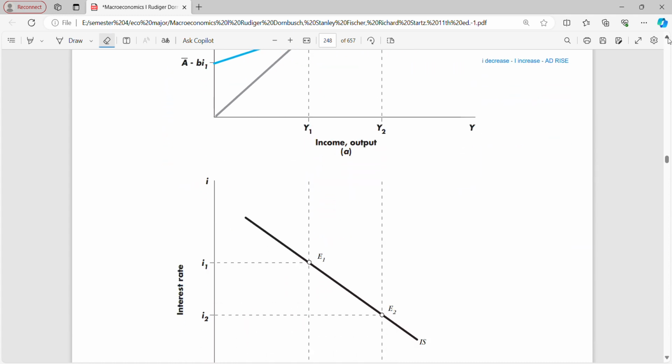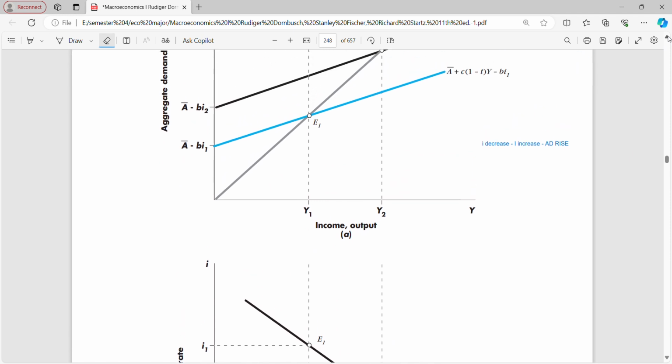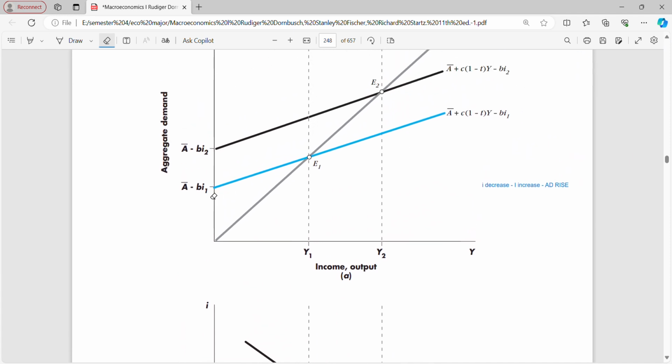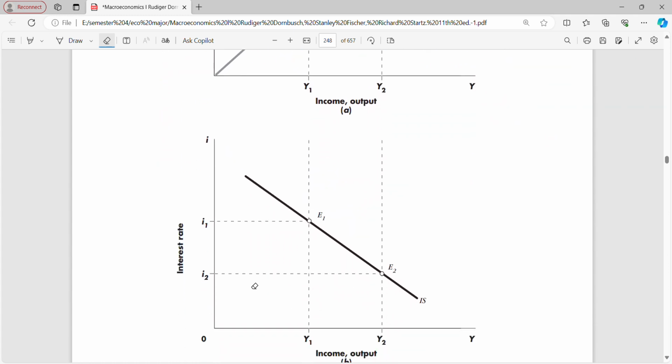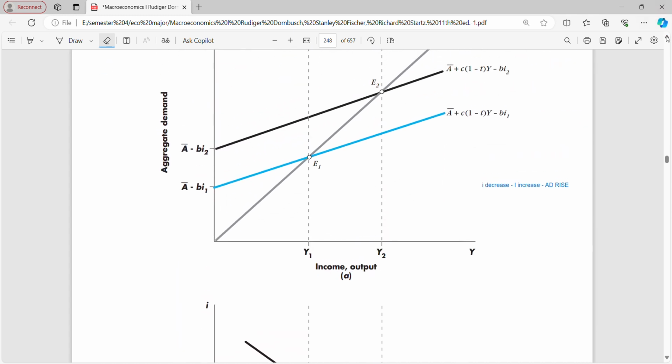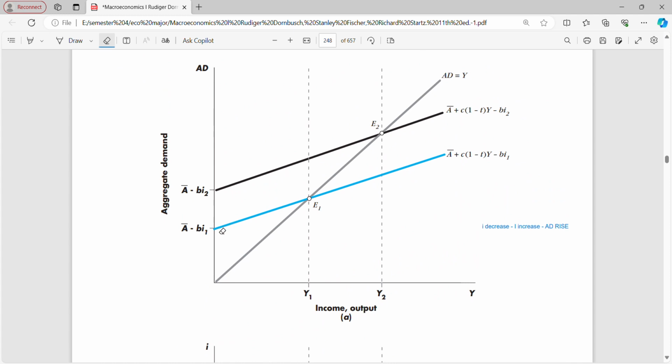At the first interest rate, that is I1, we will have the aggregate demand here. Then the interest rate is decreased a little bit. When the interest rate is decreased, that is I2, the investment is increased. The investment is increased this much.